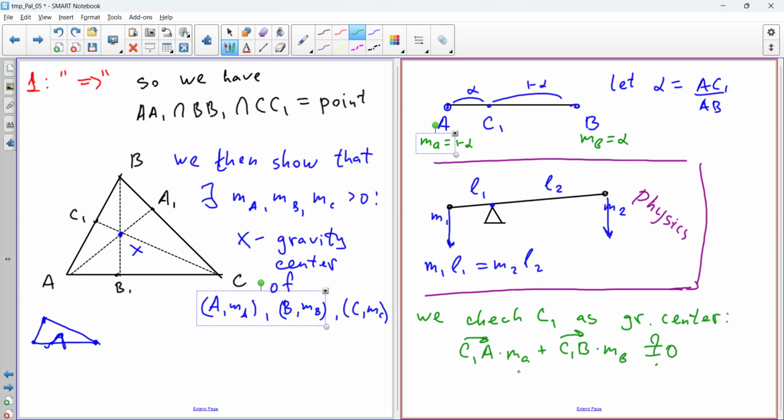But we can easily see that it is equal indeed, because we have what? Passing to just segments or segment lengths in one particular direction, we have here C1A times MA minus C1B times MB equals to 0. And C1A is alpha L, MA is 1 minus alpha.